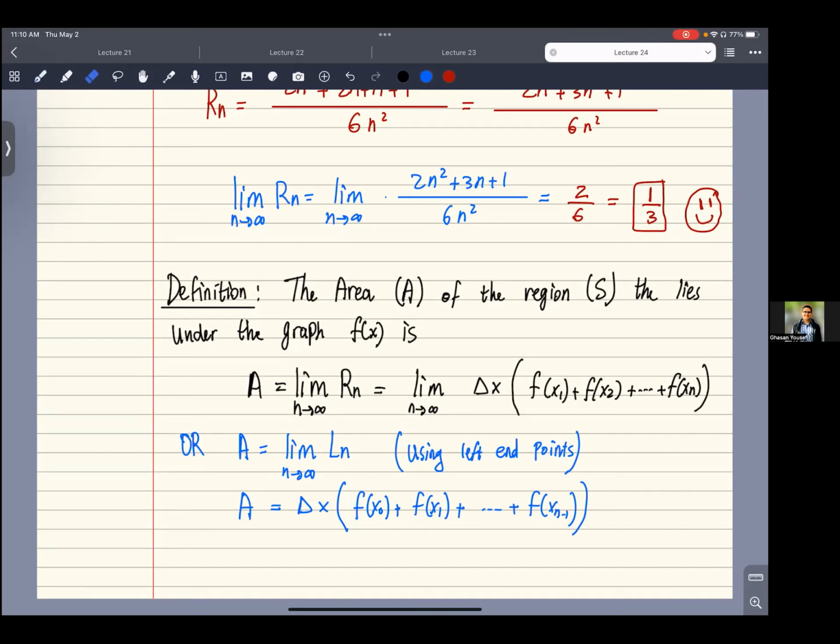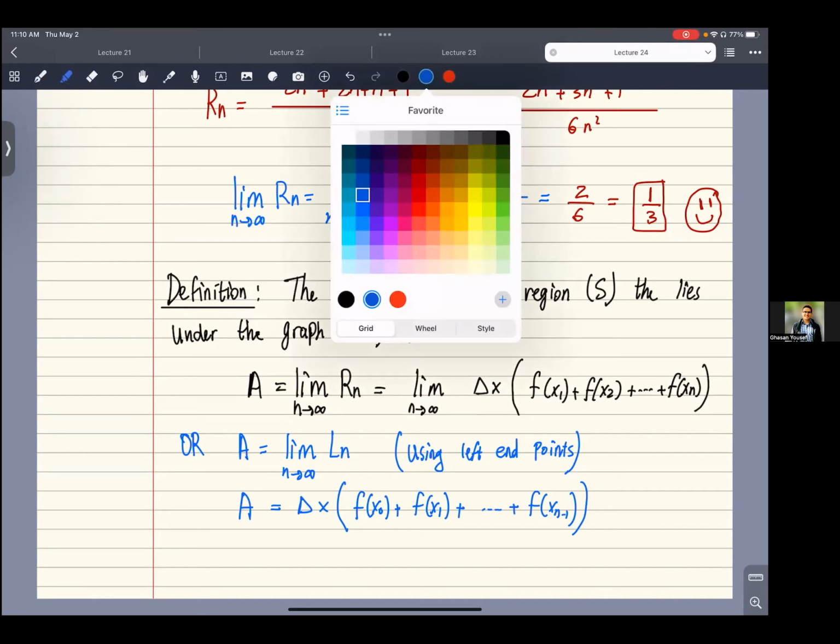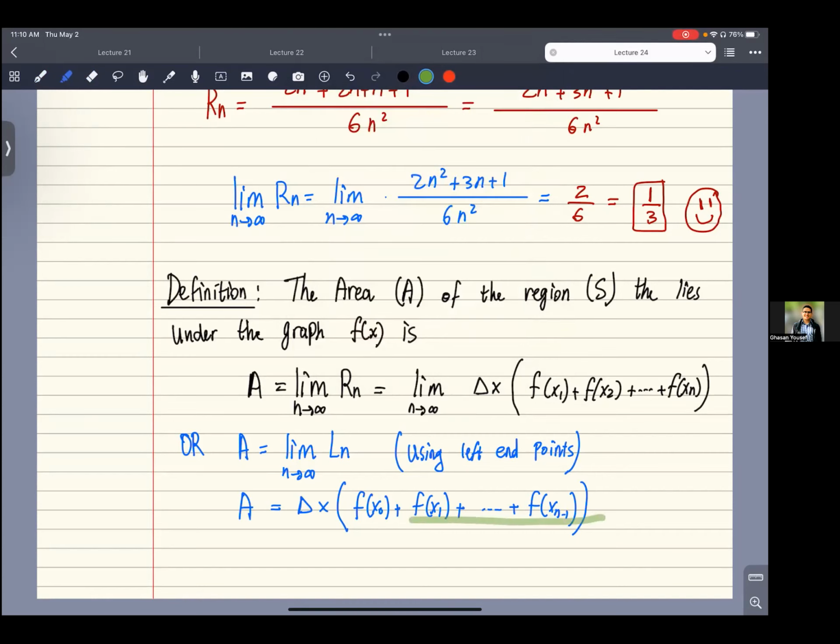So actually we have two formulas to find the area by using the limit when n goes to infinity. Okay, by the way, I made a small mistake. Here's the limit when n goes to infinity.